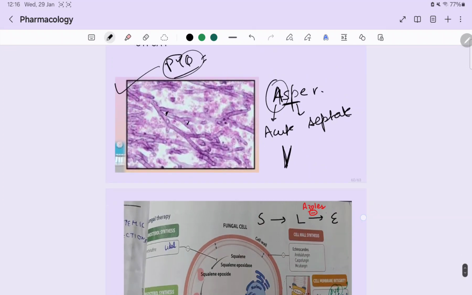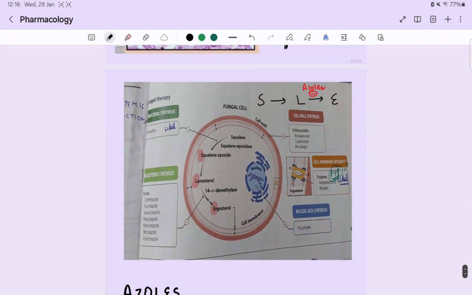So by this, I would like to discuss azoles. I have included almost all the azoles which I find are important. In the fungal cell, you know that squalene is converted to squalene epoxide, then it is converted to lanosterol, and then it is converted to ergosterol.